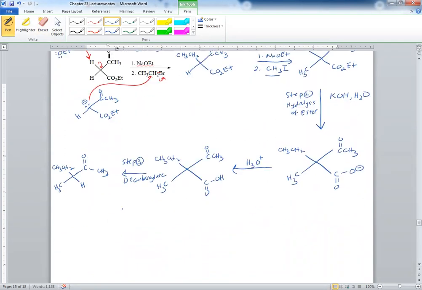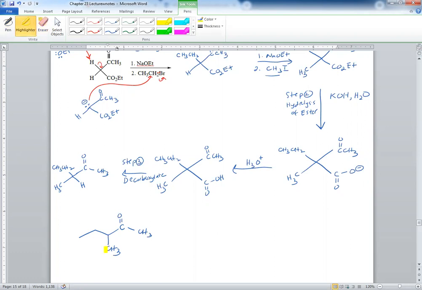And of course, you can rewrite it this way, CH3 on one end. Here is your alpha carbon, you can think of it that way. Now I'm going to draw it for a second here so you can see it.